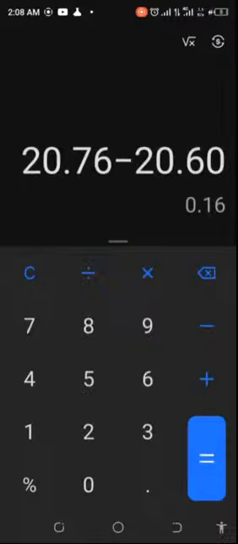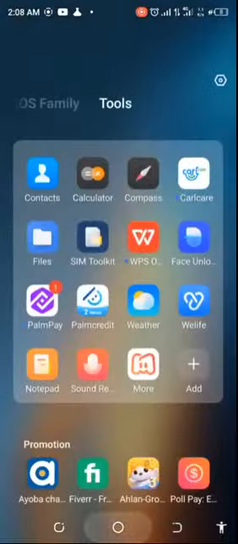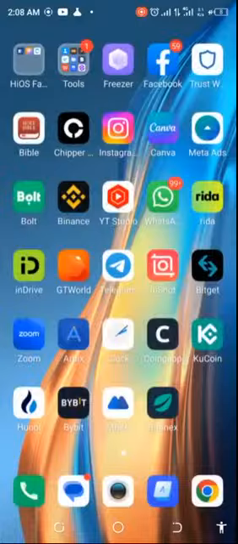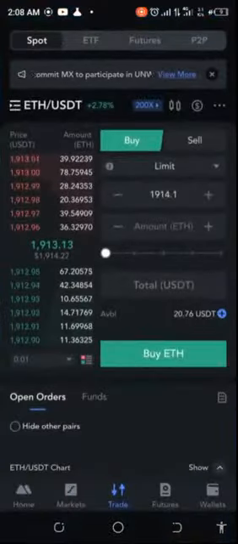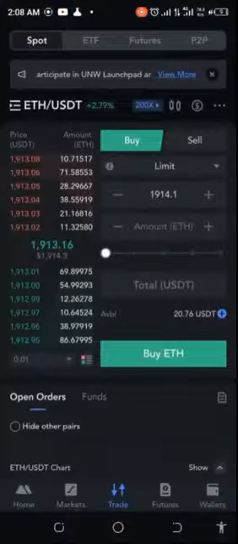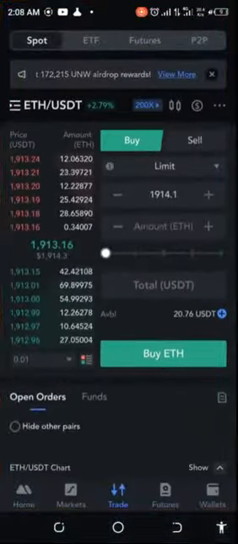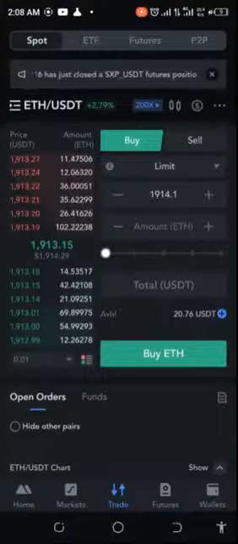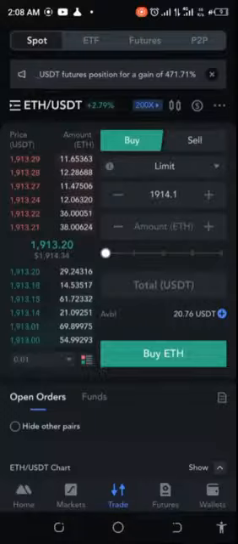So we had to sell back to ETH, because the price had shifted and also gone down. We had to wait some time for ETH to get back to the 1,900s, because we bought it at 1,898. So obviously, we can sell it back at any price lower than that. So we had to wait.